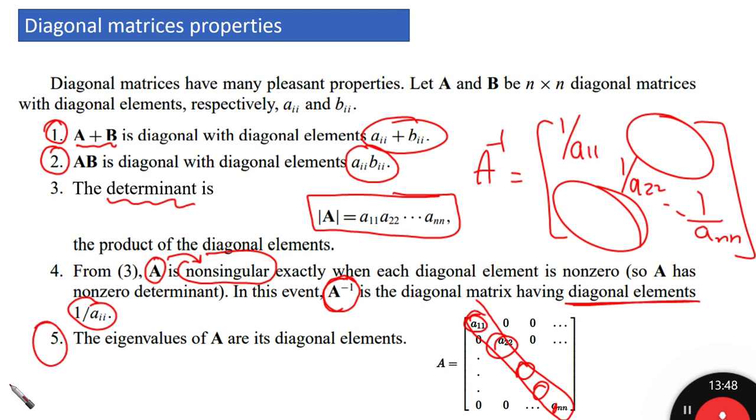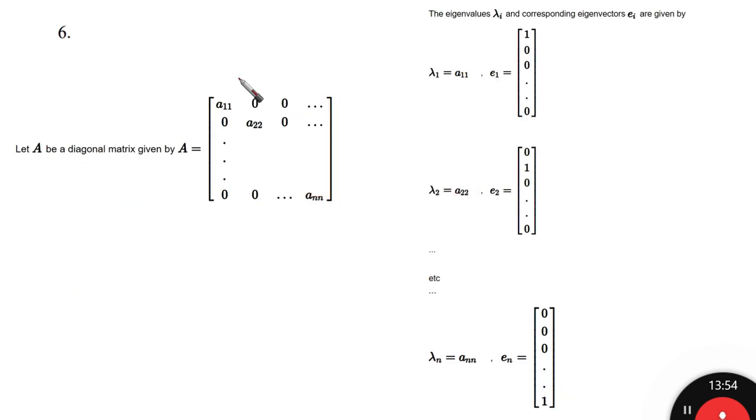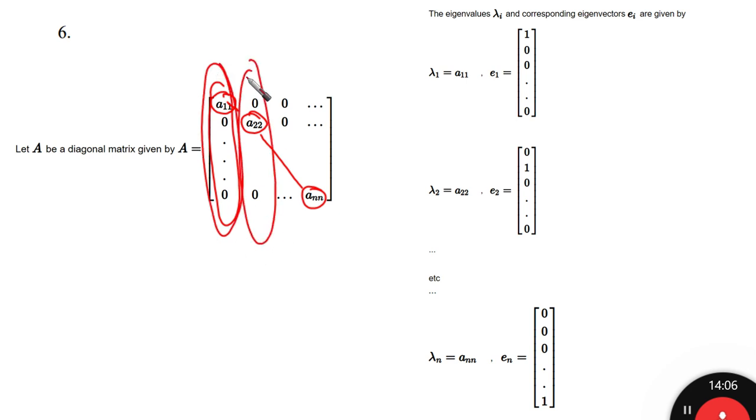And number 5 and 6, they are related to one another. We said that if we have the matrix to be diagonal, the diagonal elements are going to be the eigenvalues, and each column of the matrix is going to be the corresponding eigenvector.